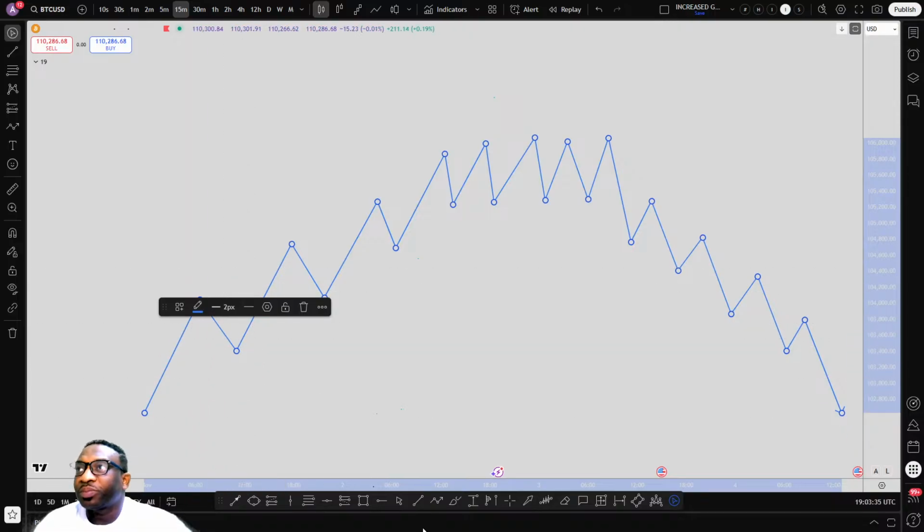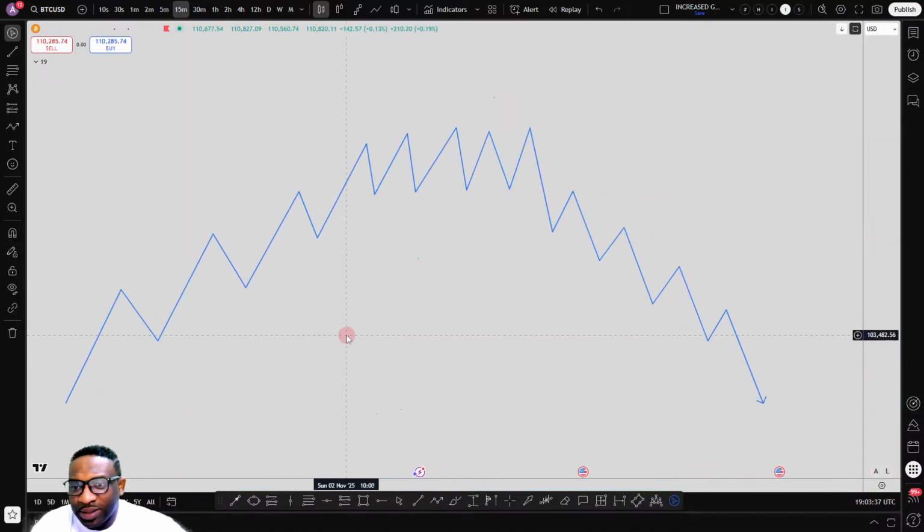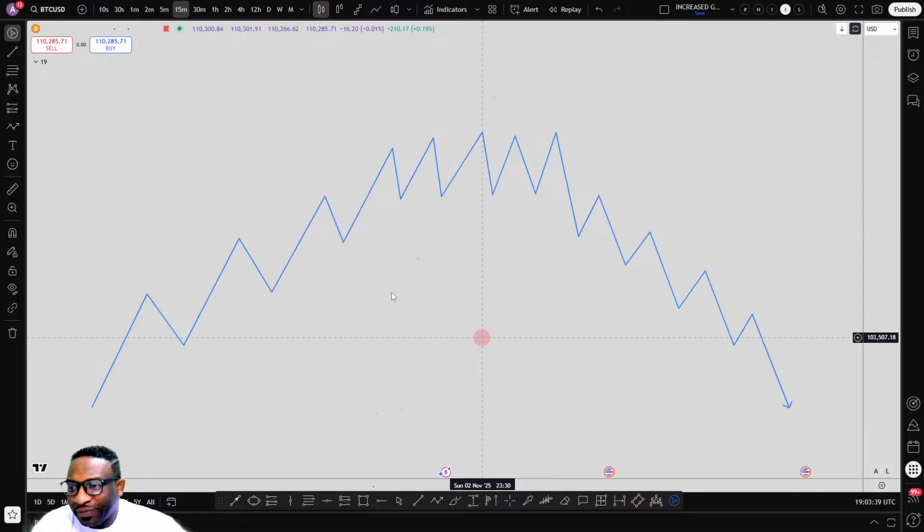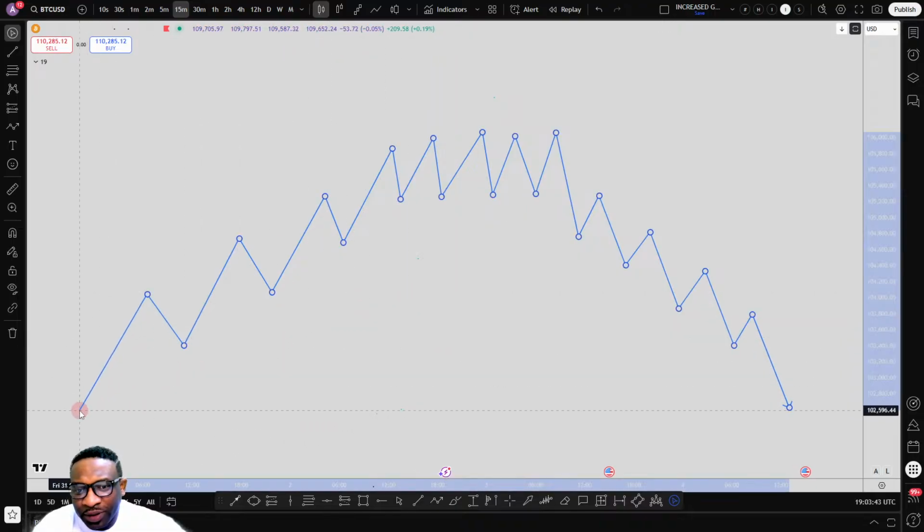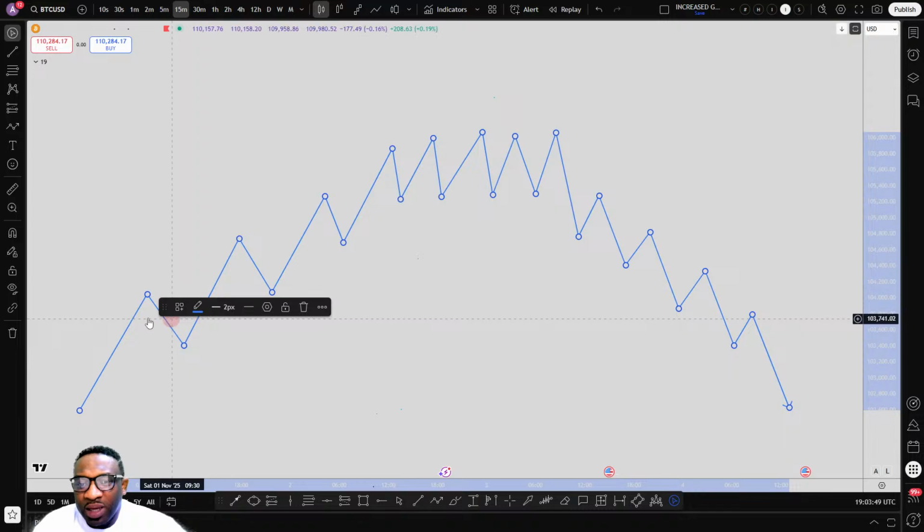Okay. All right. So now we have an illustration of a market structure. So from this point on, we can see we've been making higher high and then higher low.